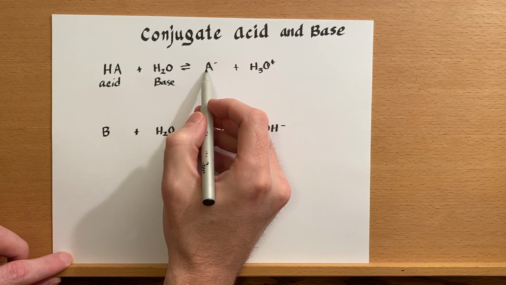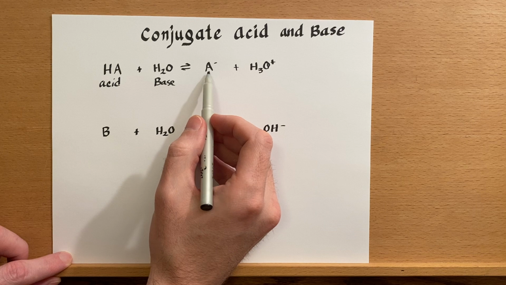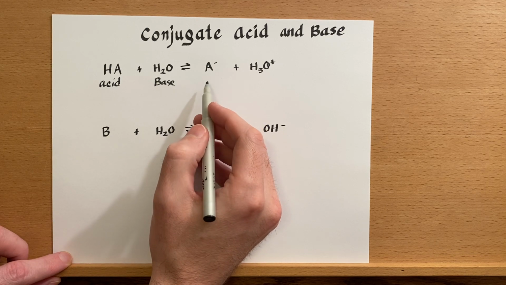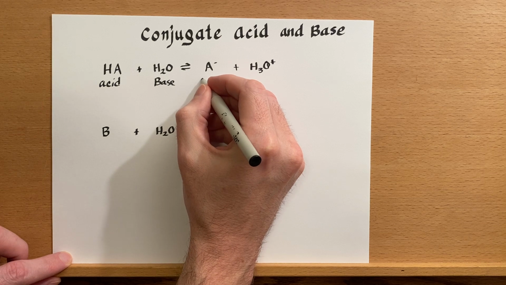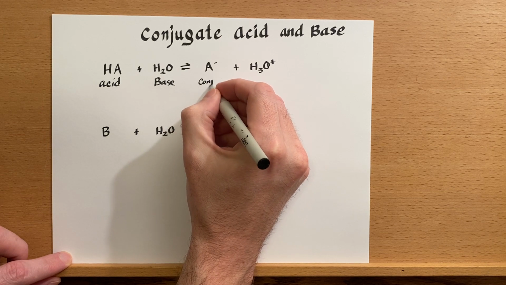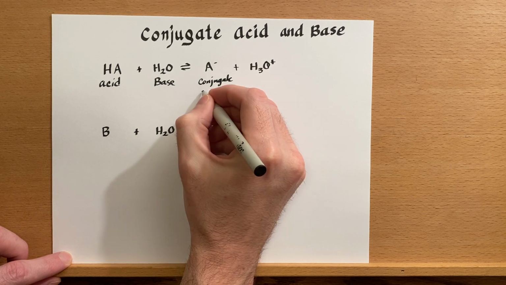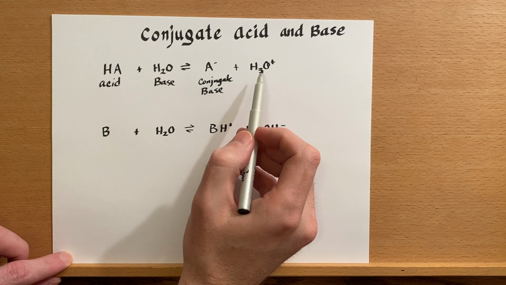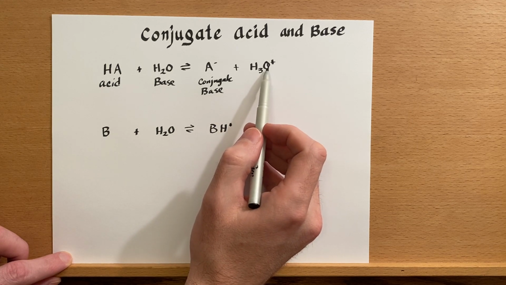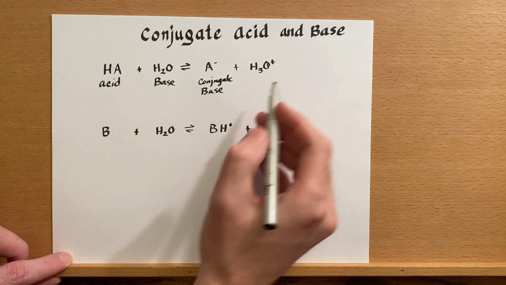Our A negative is related to our acid. Notice how it's just missing an H plus. This is the conjugate base. And similarly, actually, H3O plus is our conjugate acid for water.